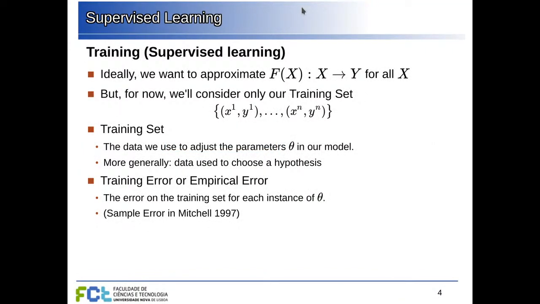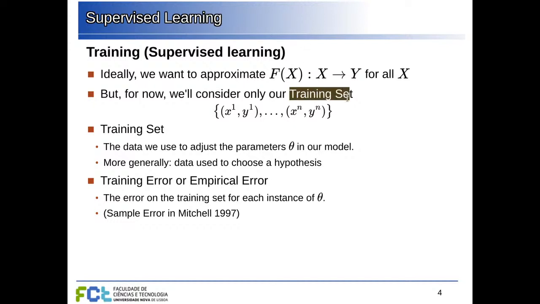So the ideal result here would be that we have this g function, this approximation of the unknown f function that works for all possible examples. So not only the examples that we have now, but all examples that we're going to meet in the future. Unfortunately, we only have a finite set of examples. We have this set of examples that we're going to use to train our learner, and this we will call our training set.